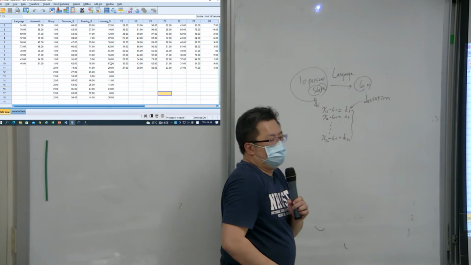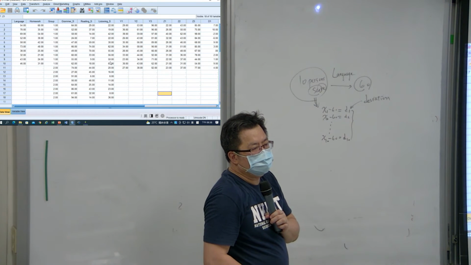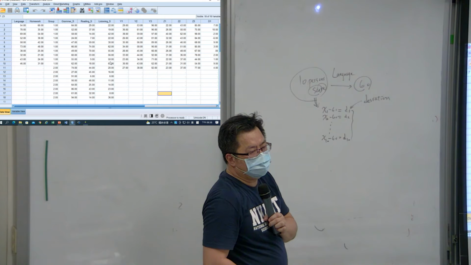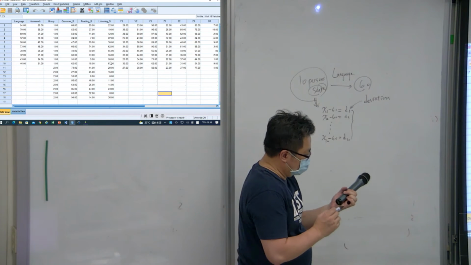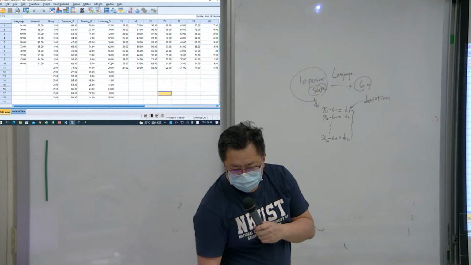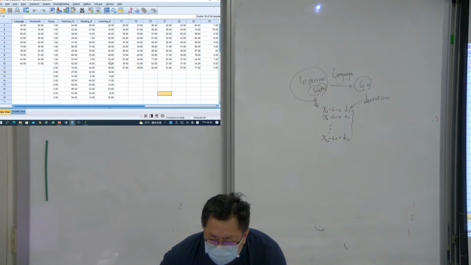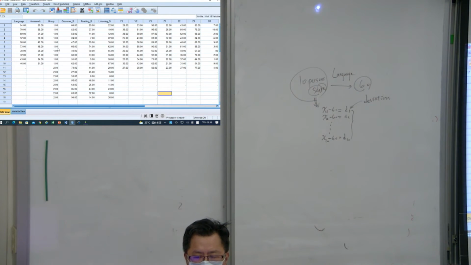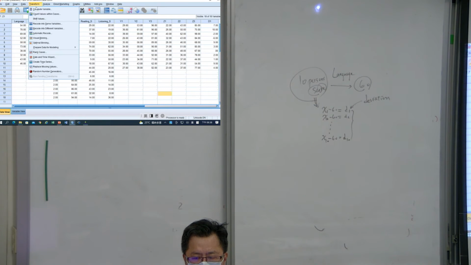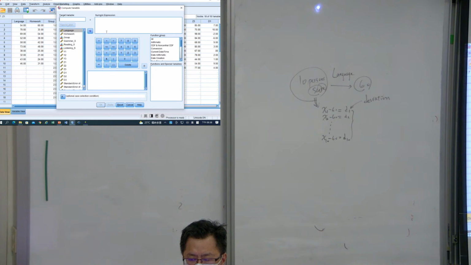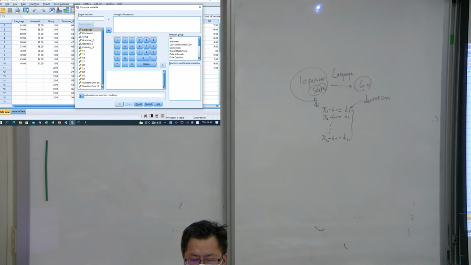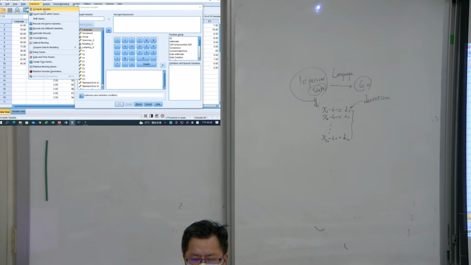We use this deviation to do the ANOVA, okay? So we got that. First, we do the transform. We compute the variable here.